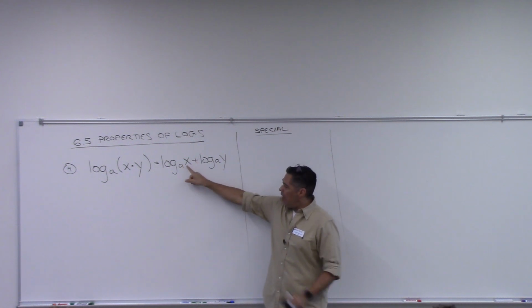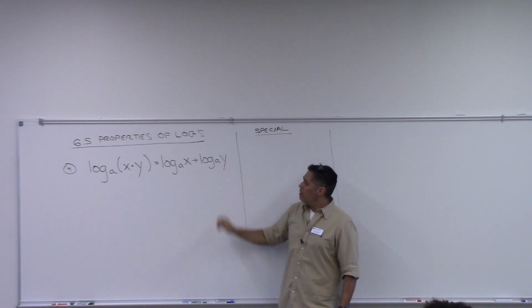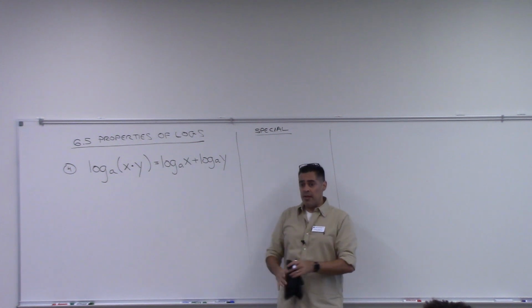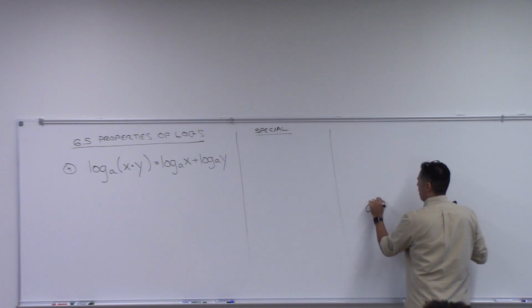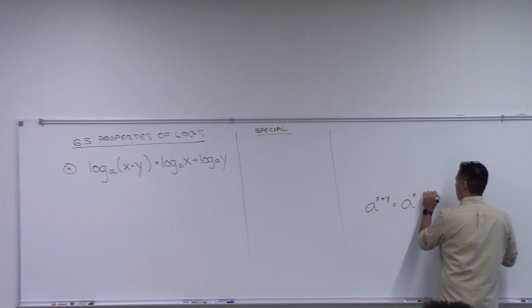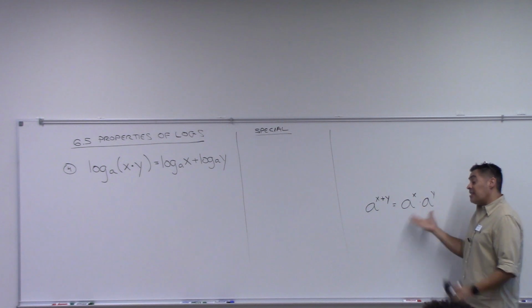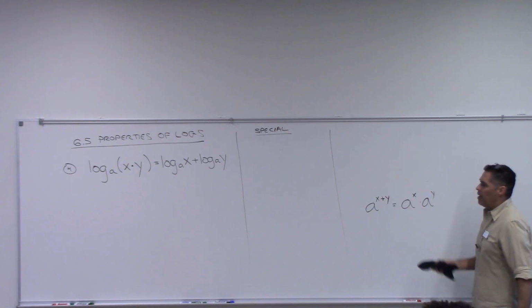The first log will have the x, the second log will have the y. Okay? It's kind of like the exponent rule. If you have a to the x plus y, that means a to the x times a to the y. I don't know if that's what you mean, but that's actually exactly where it comes from, is from this property right here, but for logarithms.